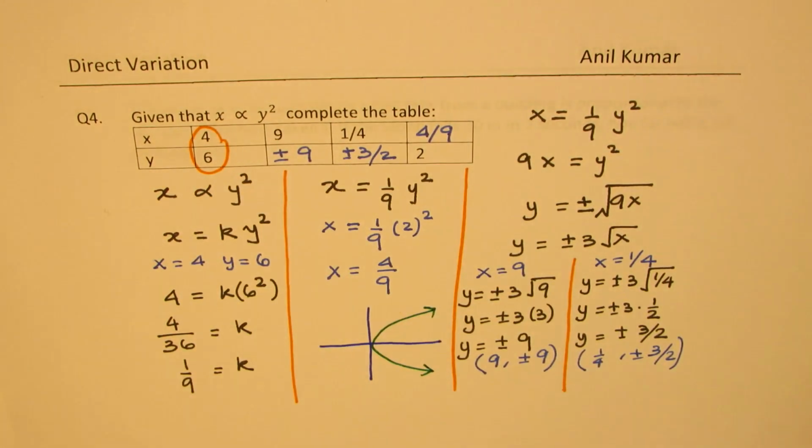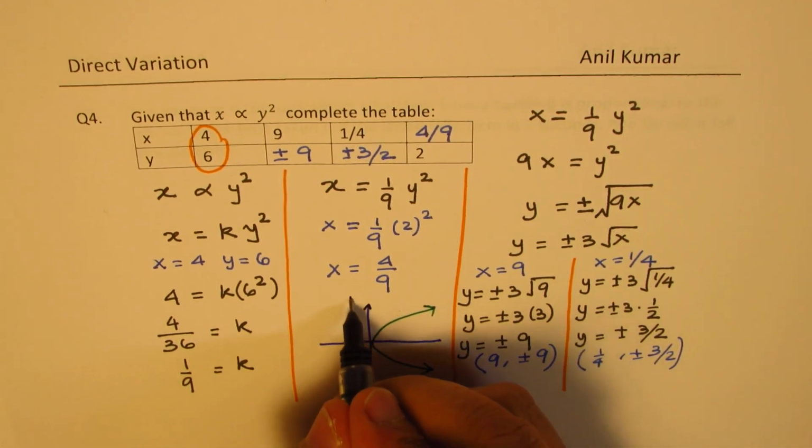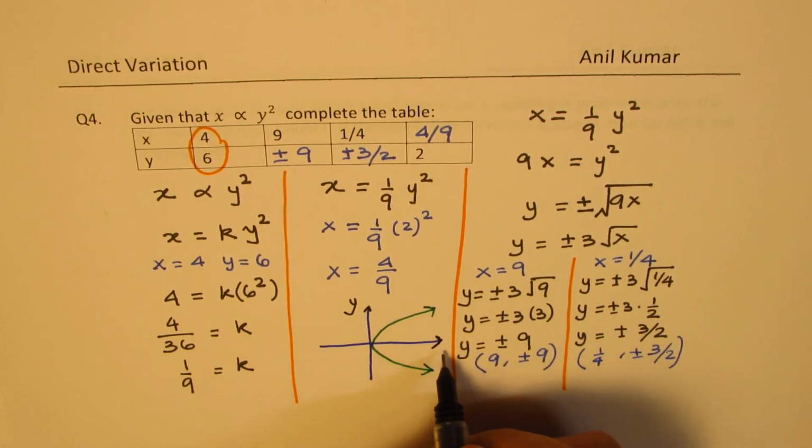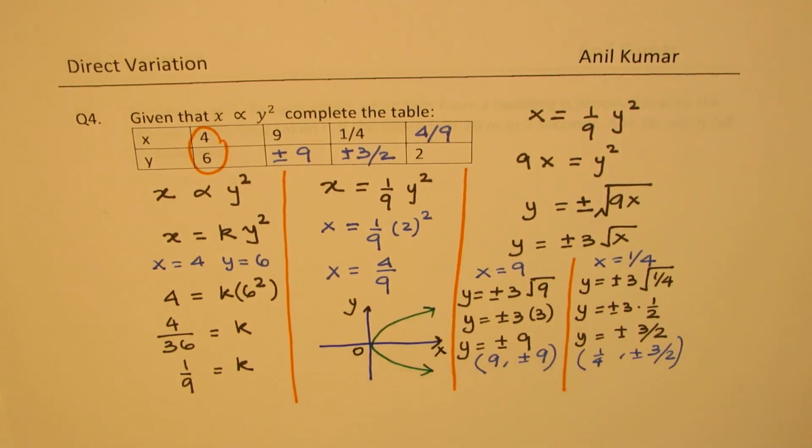Since x is proportional to y squared, x is always positive. And y could have a positive and a negative value. So it is not a function, but it's definitely a relation. So I hope that makes sense. I hope you understand and appreciate what we have done here.